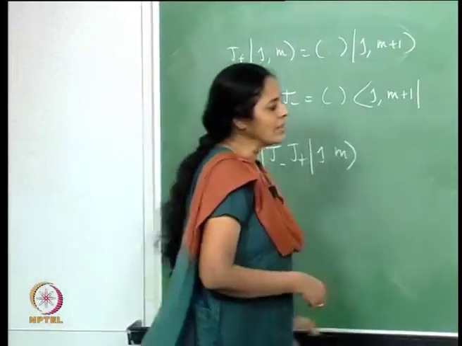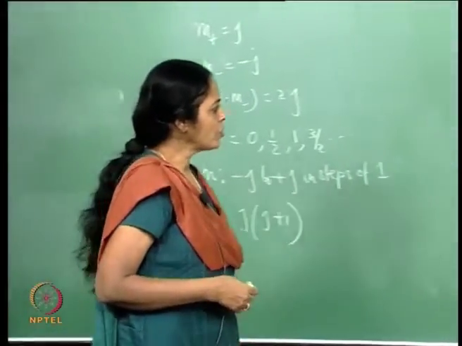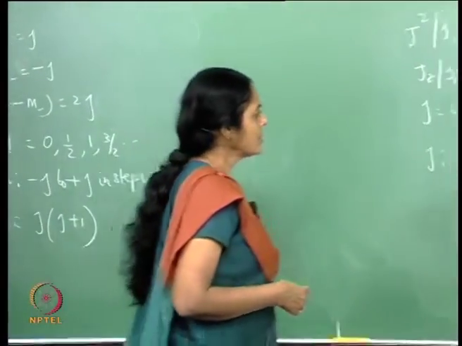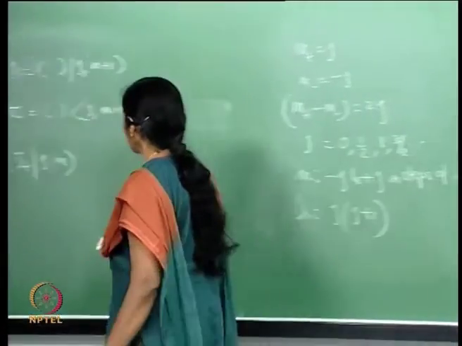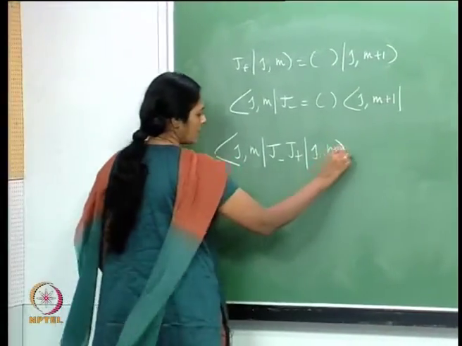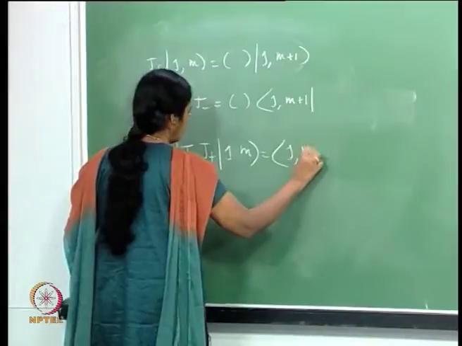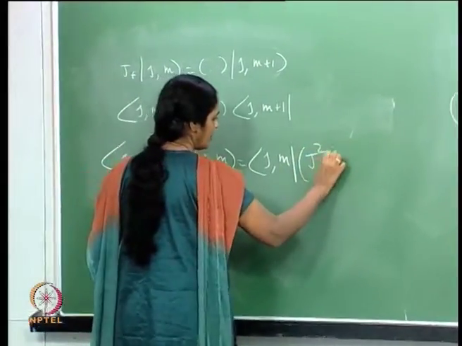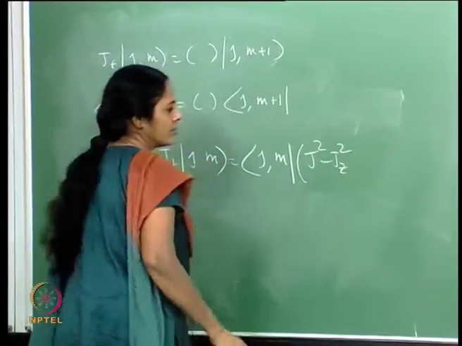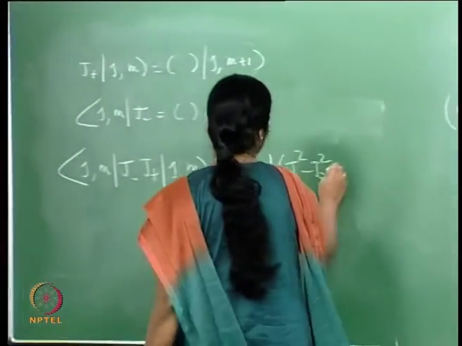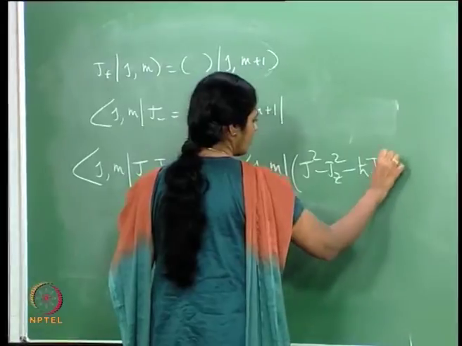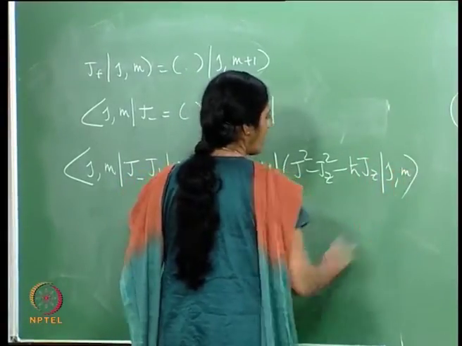And as we did earlier, we can substitute for J₋ J₊. So J₋ J₊ was J² minus Jz² minus ħ Jz. This is what I have.